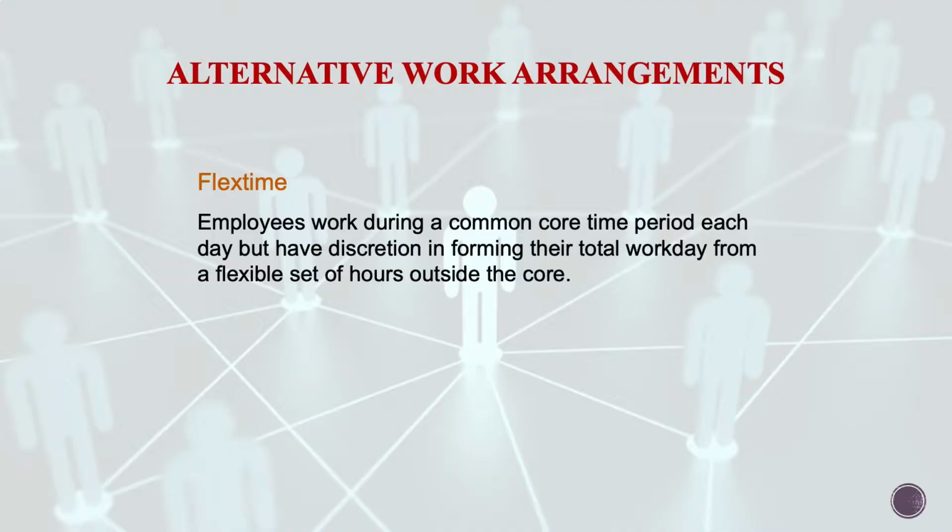So there are certain alternative work arrangements that can be done in terms of designing the job or redesigning the job. You can also give flexible work timings. For example, employees work during a common core time period each day but have discretion in forming their total work day from a flexible set of hours outside the core.